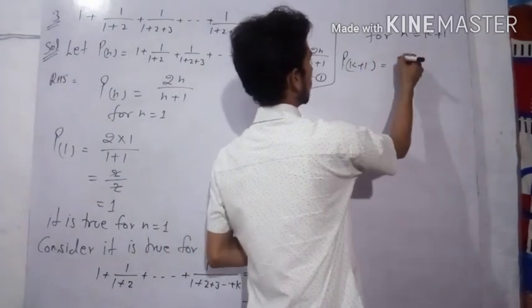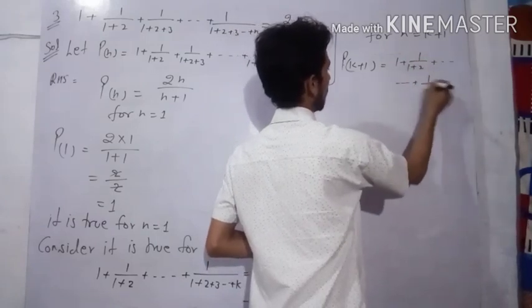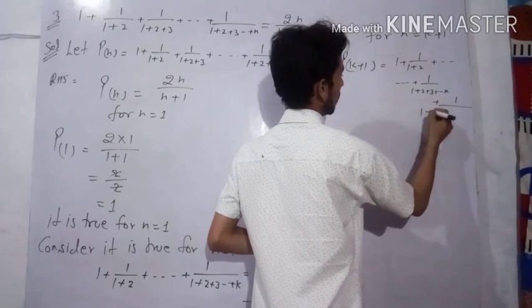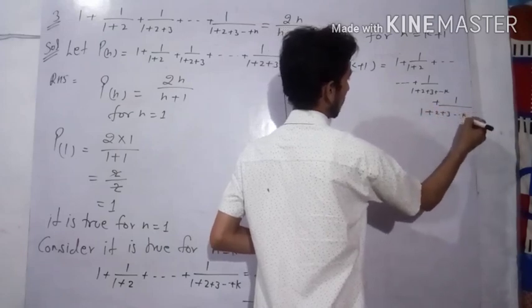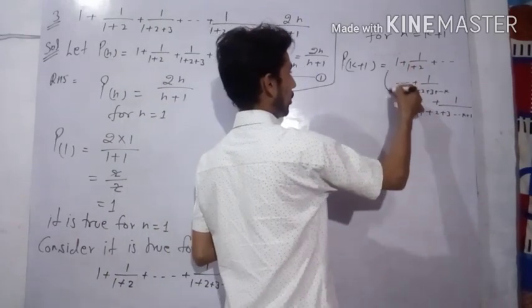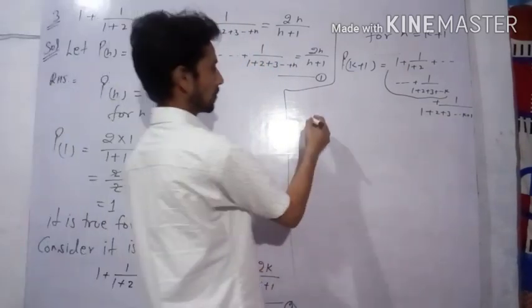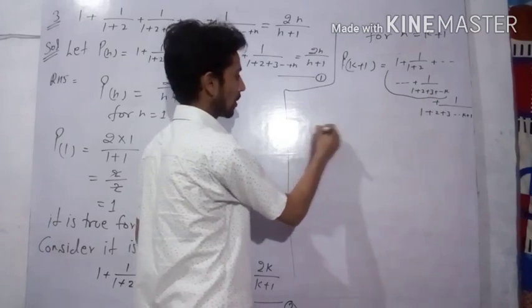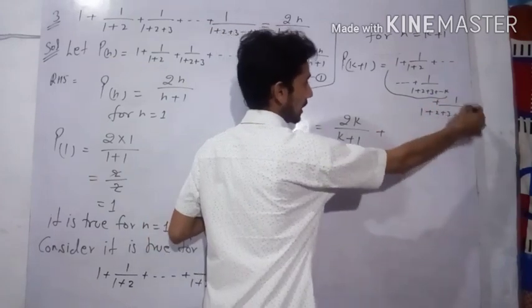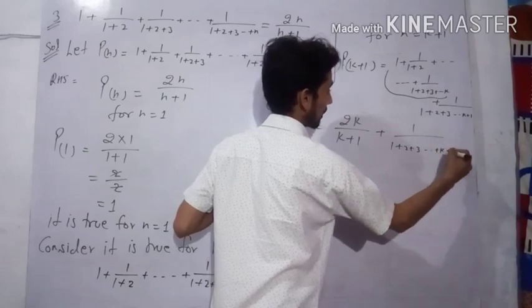The value of the first part is given, that is 2k/(k+1), plus what remains, 1/(1+2+3+...+k+1).